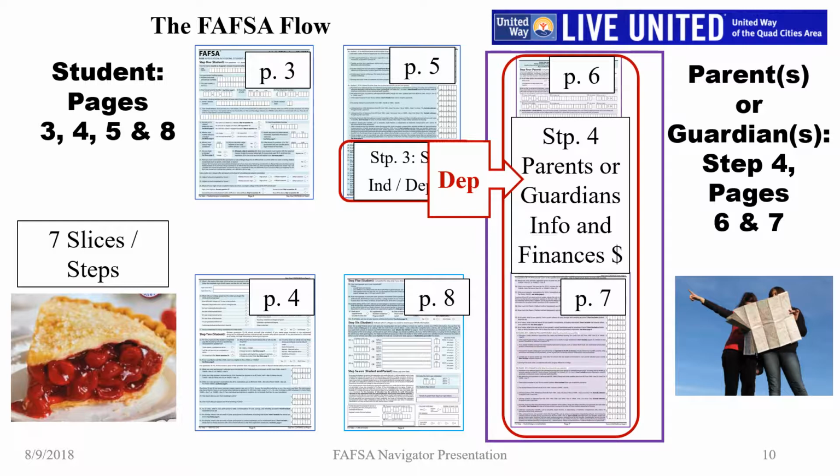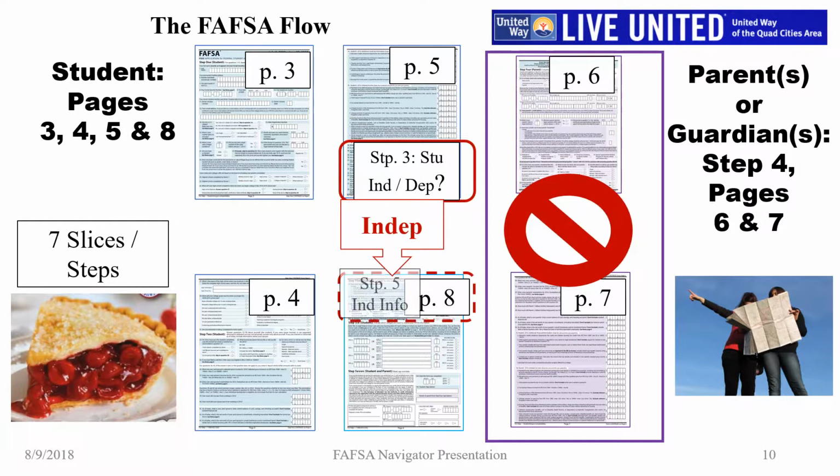The parents or guardians are to fill out step 4 on pages 6 and 7, the purple part of the form, with their identifying information, contact information, plus their personal finances, taxable income and assets, and their untaxable income and assistance. A feature of the online form, again, is that they may also automatically transfer the previous year's tax information directly into the online FAFSA form.